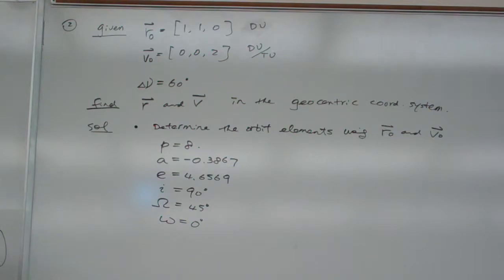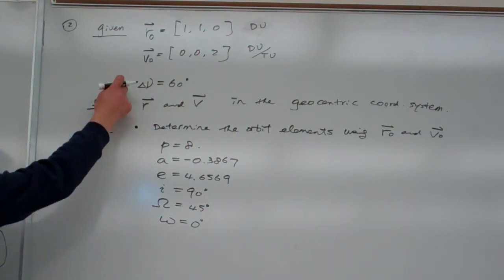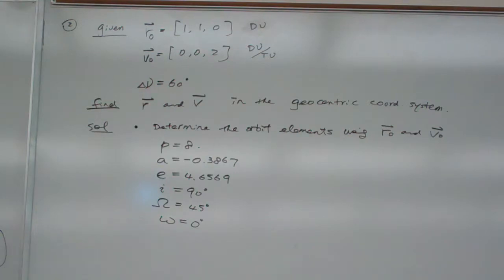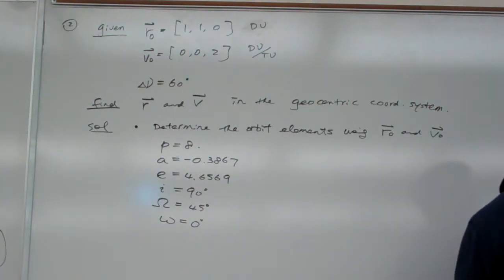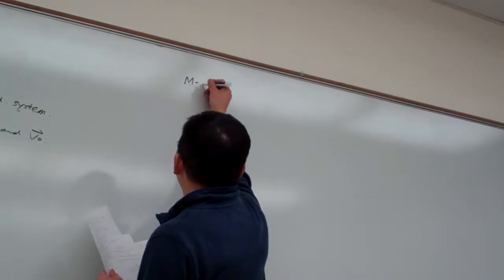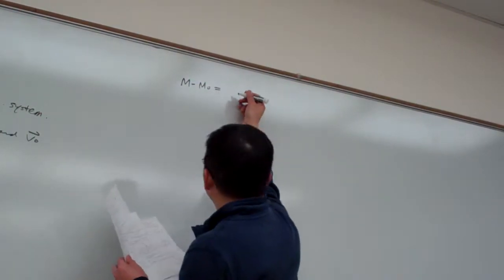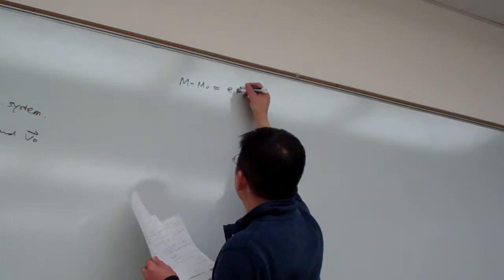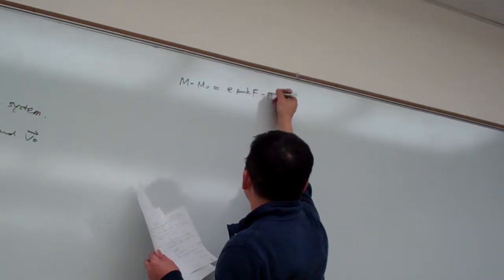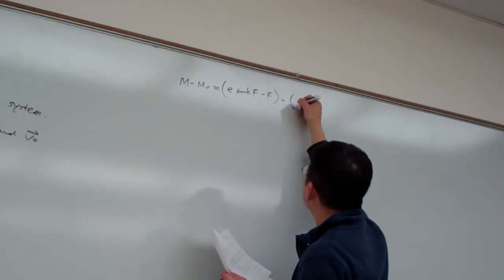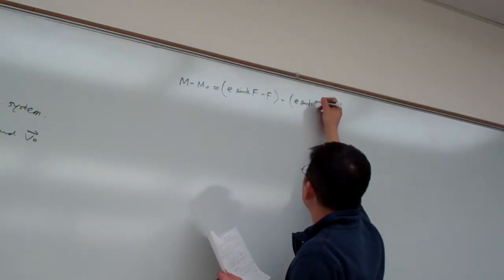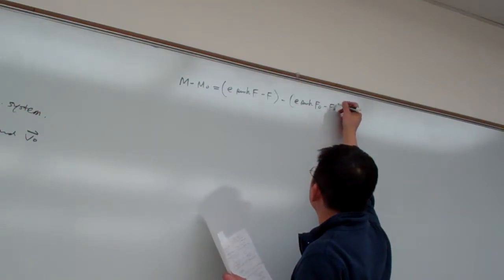And now we know the starting point, and we know the time of flight. We want to determine the final position. So here, this is hyperbolic. So the concept is this. For hyperbolic, let me write down the equation we need. M minus M0 will be equal to e sinh F minus F minus e sinh F0 minus F0.